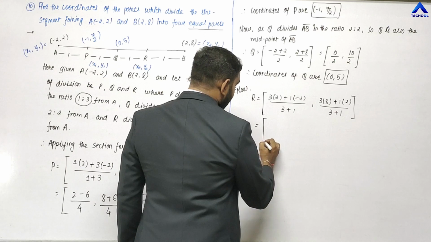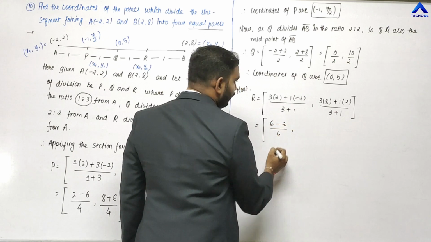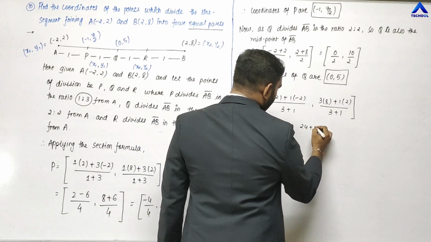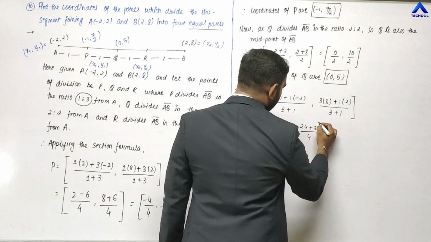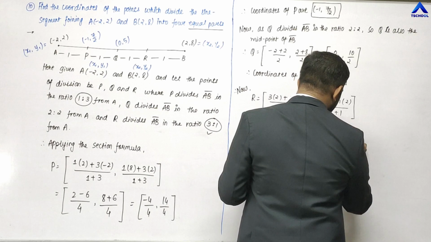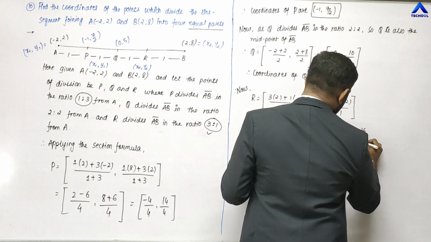Simplifying this, what do we get? That is 3 into 2 is 6 minus 2 upon 4, comma 3 into 8 is 24 plus 2 upon 4. So that gives me 6 minus 2 is 4 upon 4, comma 26 upon 4.